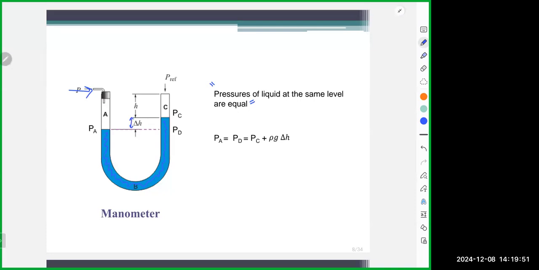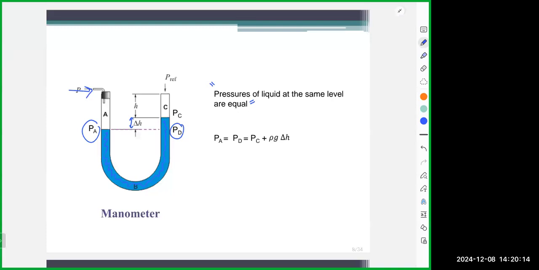Because the liquid is connected, PA, which means the pressure right here at A, is equal to the pressure at point D, which is on the different side.